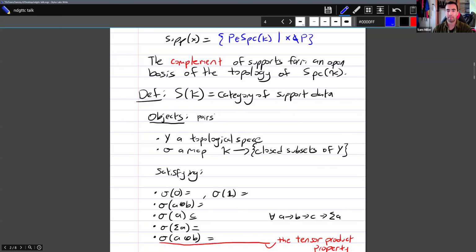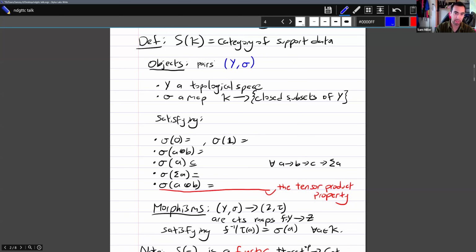And more generally, one can define this category of support data where the objects will be pairs (Y, sigma), where Y is a topological space, and sigma is a map from the objects of K to closed subsets of Y, which satisfy these standard support axioms. So we have that the support of the zero object is the empty set, the support of your tensor unit is the entire space, the support of a direct sum corresponds to union.